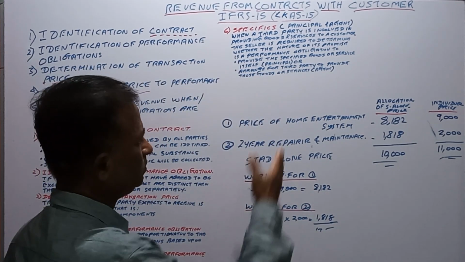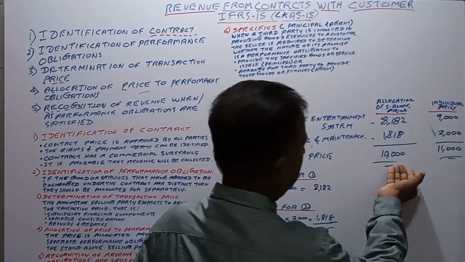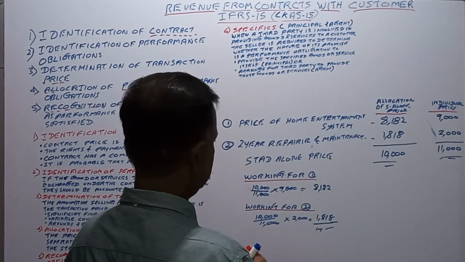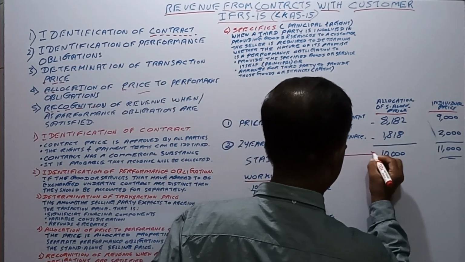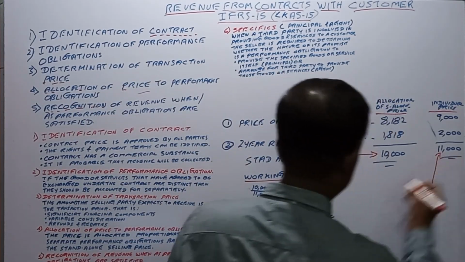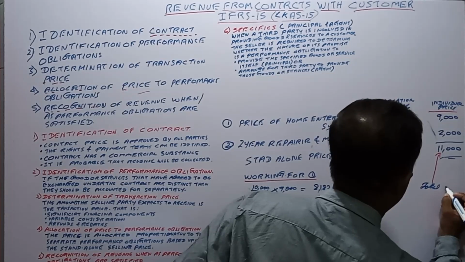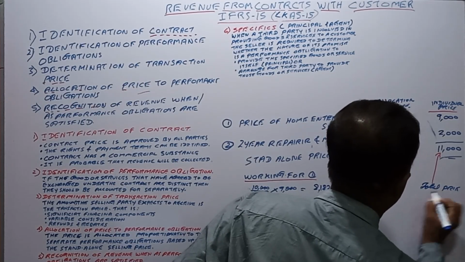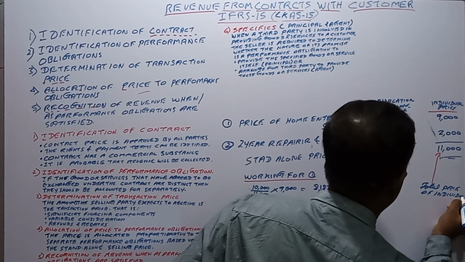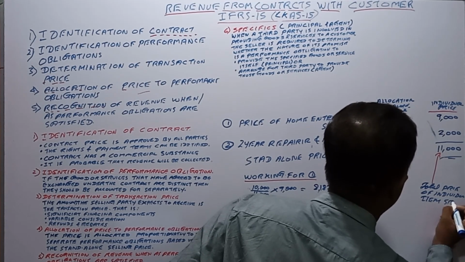This is the way you have to do the allocation, because this is the standalone price and this is the total price of the individual item selling prices.